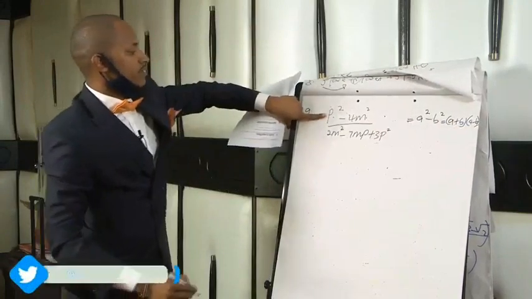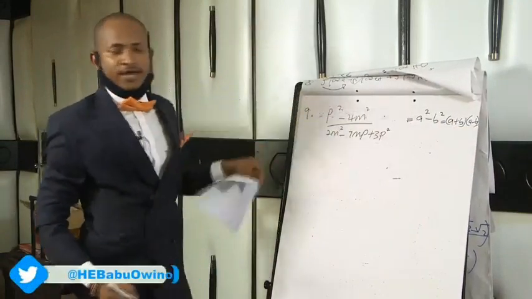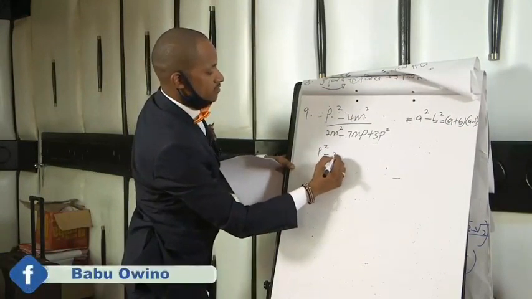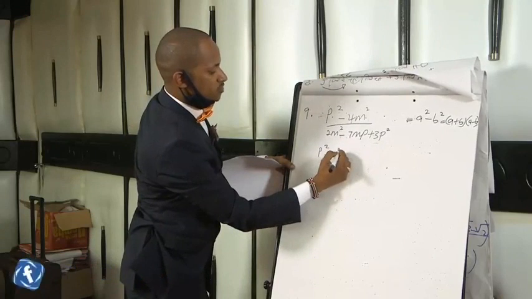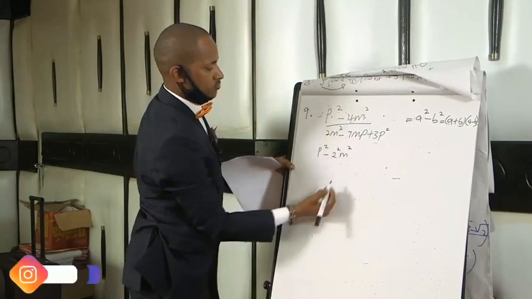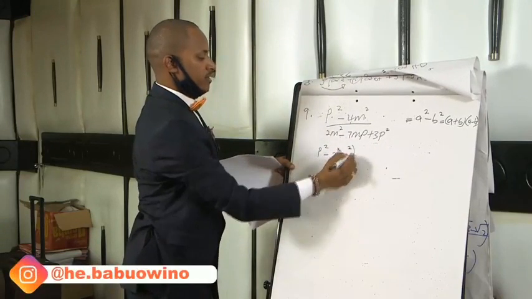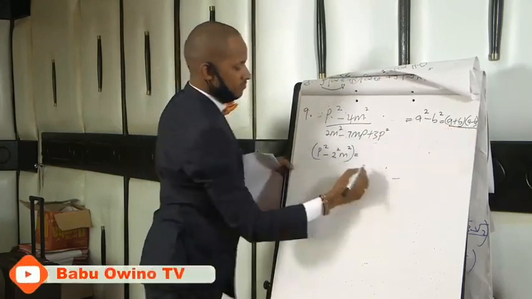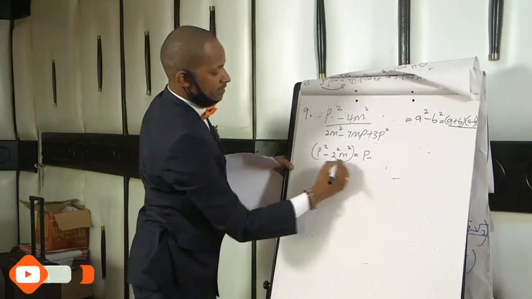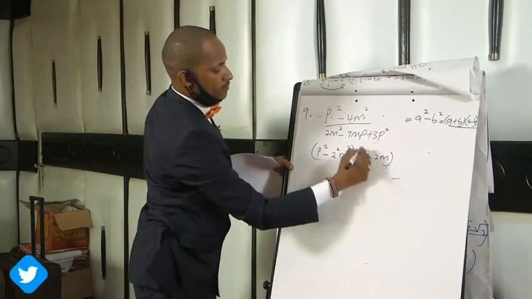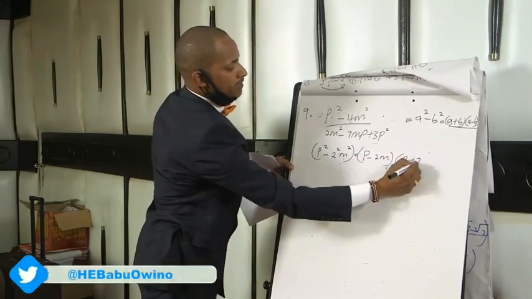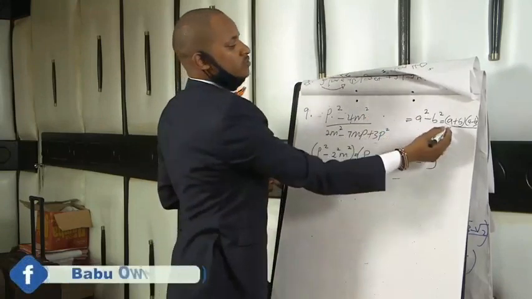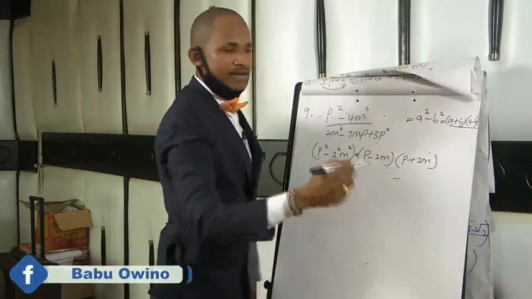Therefore, p squared minus 4m squared, you can see 4 can be written as 2 raised to power 2, m raised to power 2. So when you simplify this with a difference of two squares, you just write p minus 2m into p plus 2m. A squared minus b squared is equal to a plus b into a minus b.